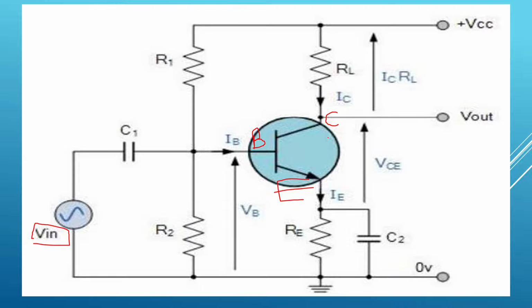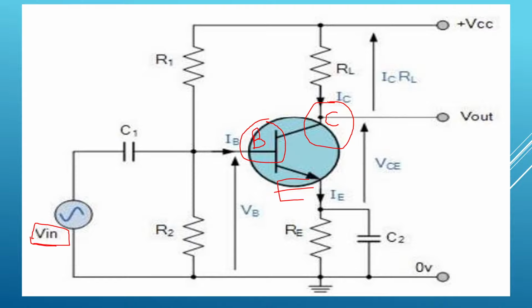So what is happening here? When you give input voltage Vin, what will happen? When the voltage between base and emitter is increasing, the electrons moving from emitter to base is increasing. So collector current gradually starts to increase because the collector collects these electrons from the base.